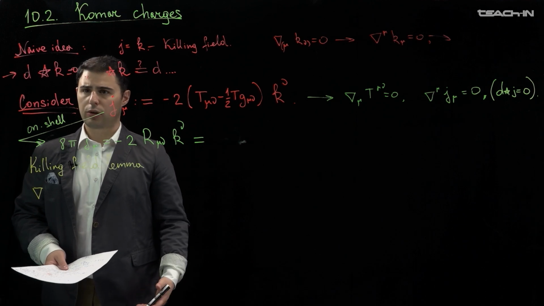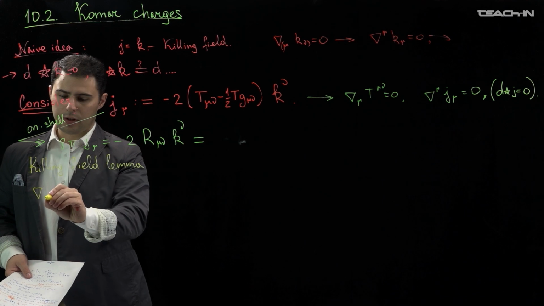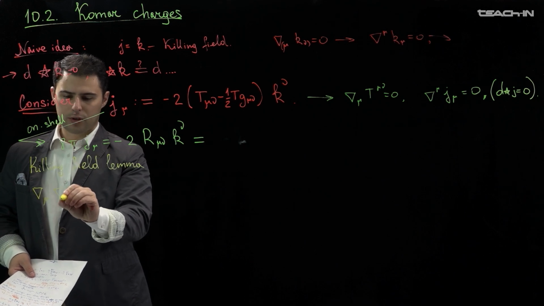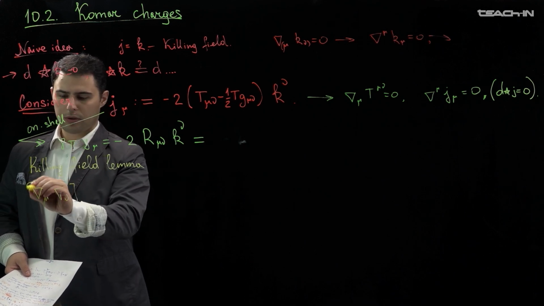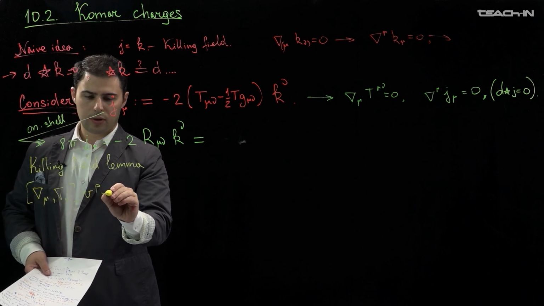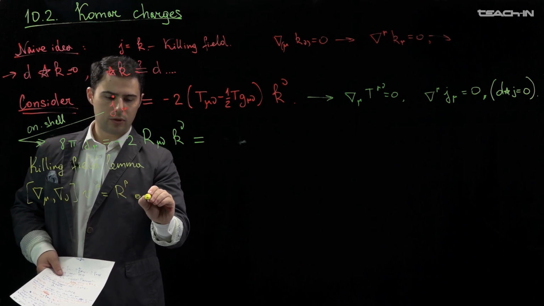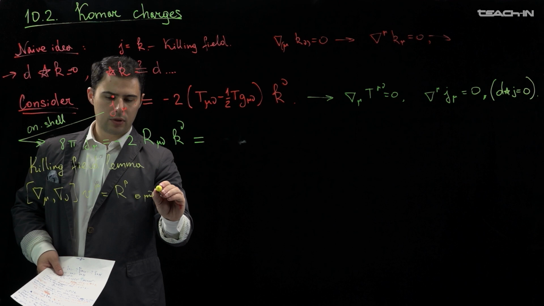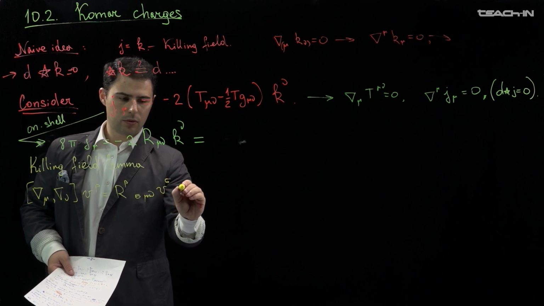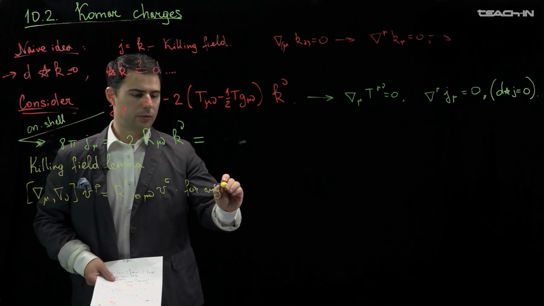If you recall from the previous lectures, we had that for any vector field, nabla_mu nabla_nu is the same as R^rho_{sigma mu nu}, for any vector field.